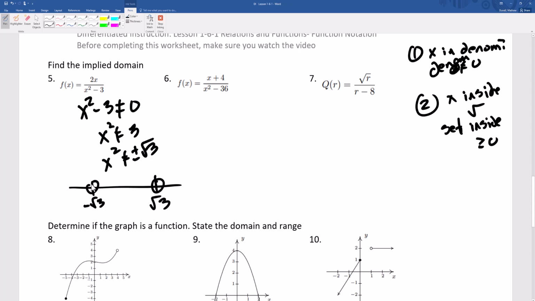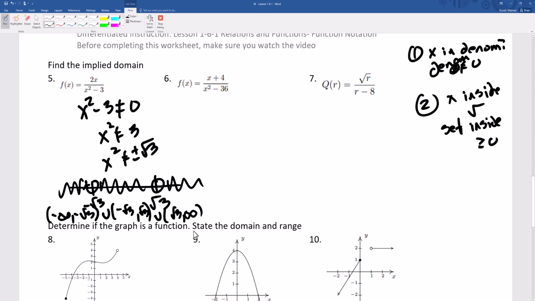Those are open circles because it can't equal that. Now we said it can't, doesn't mean we can't equal anything else. And so negative infinity to negative root 3, union negative root 3 to positive root 3, union positive root 3 to infinity.